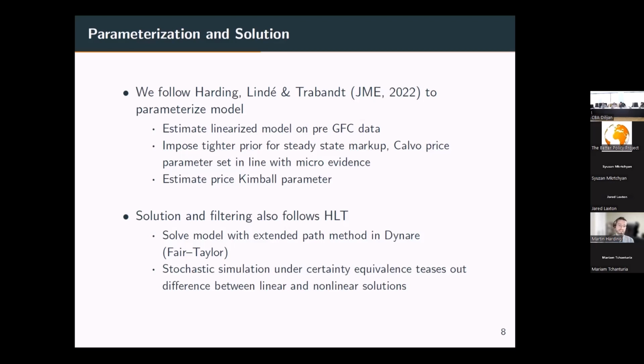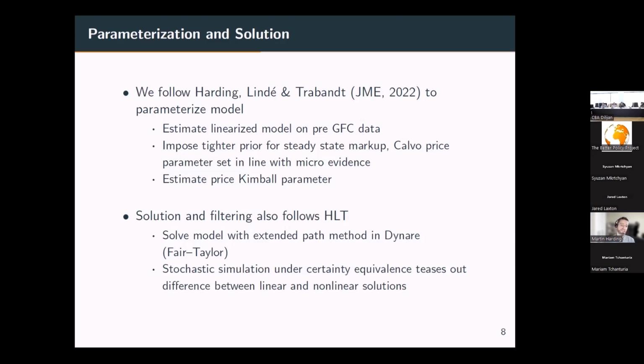So by doing this change in the approach, we get a lower steady state markup. We get something like 35%, which is still relatively high, but much lower than the 61% estimated by Smets and Wouters. And we get a higher Kimball curvature parameter.